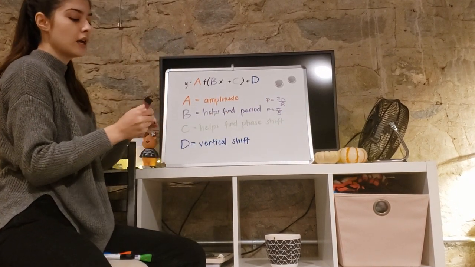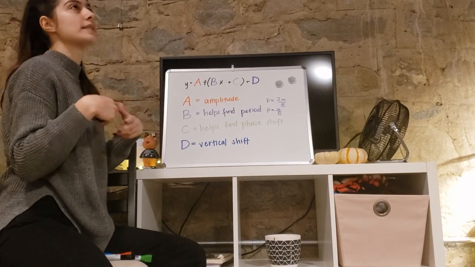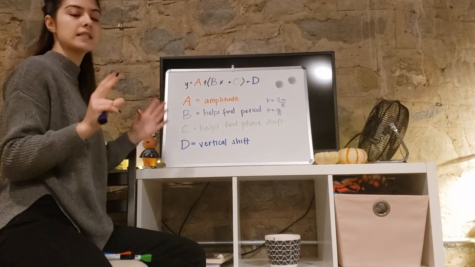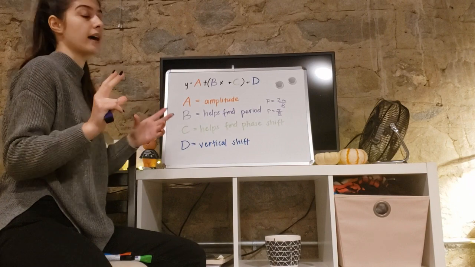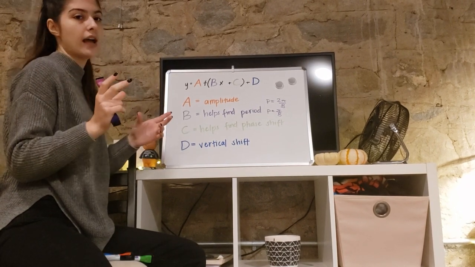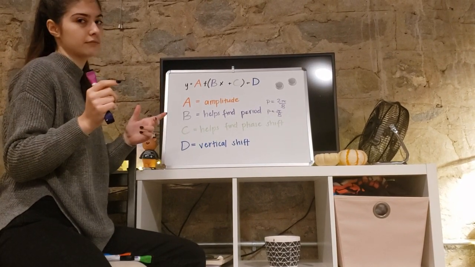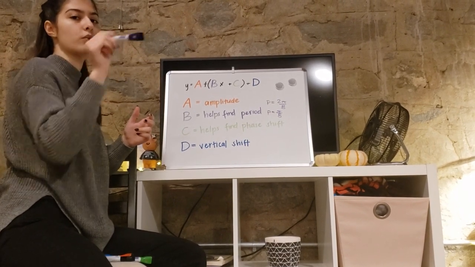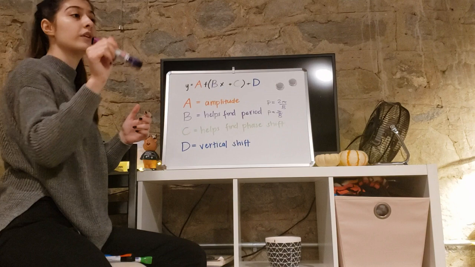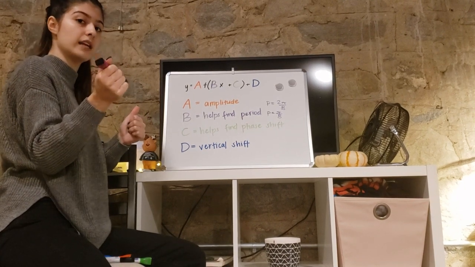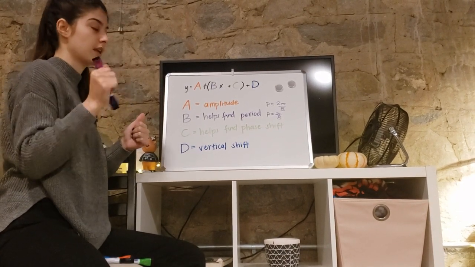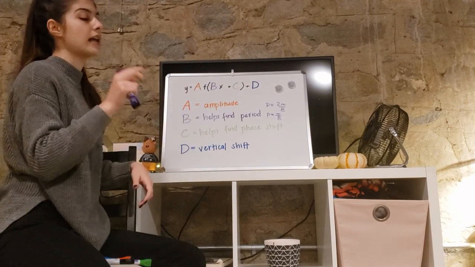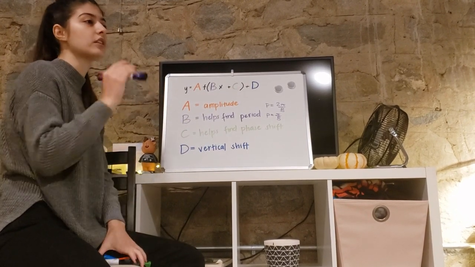And why is that? Well, because for y equals sine of x, just the basic trig function, our period is 2 pi. Remember when I showed you how to plot the original sine function, we went over the entire unit circle. Well, the entire unit circle is 2 pi radians, right? That is why that one is 2 pi. Now, when we graphed the tangent function, we didn't look at the entire circle.